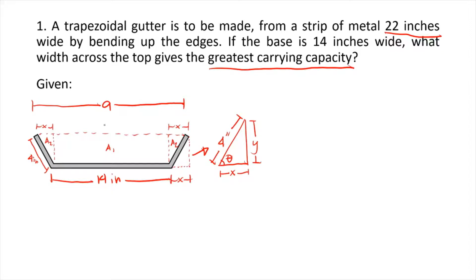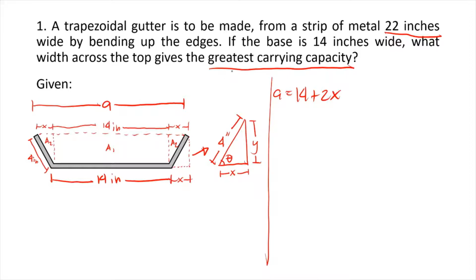So 14 inches. Okay? So now we can set up the formula for A, right? A in this case is x plus 14 plus x. So that would be 14 plus 2x.